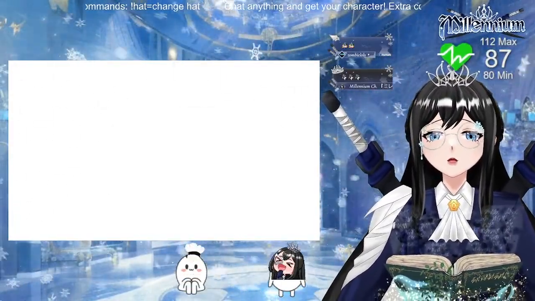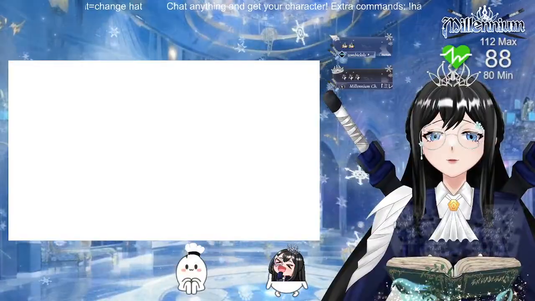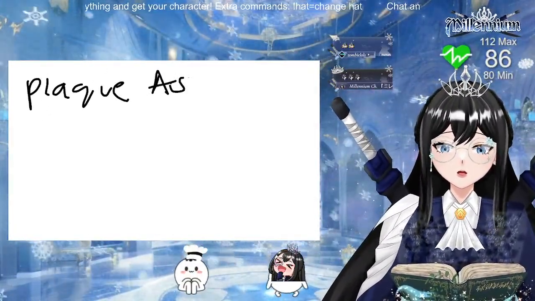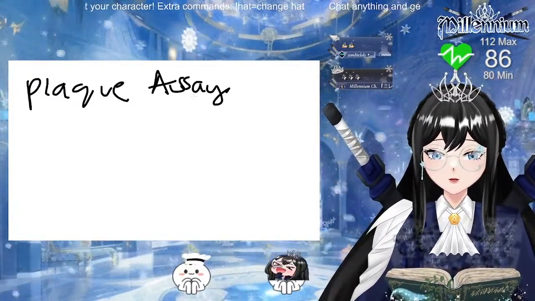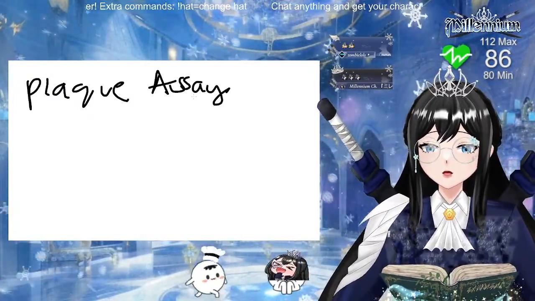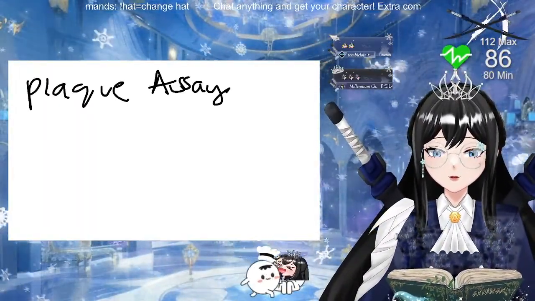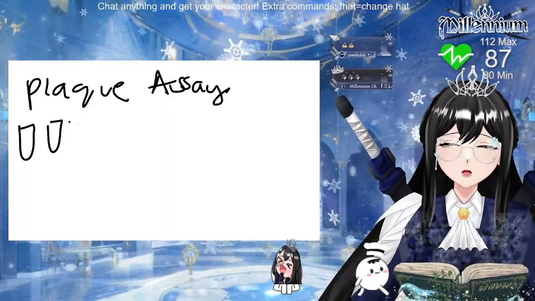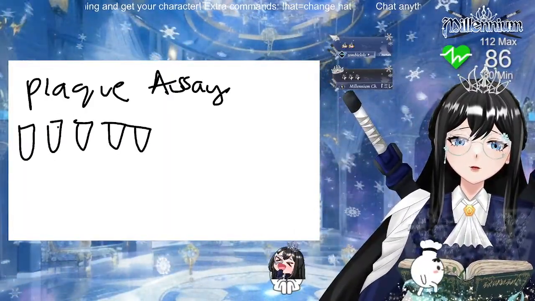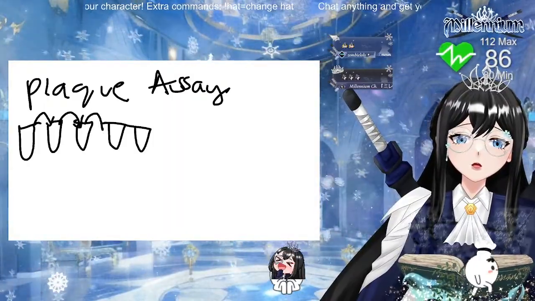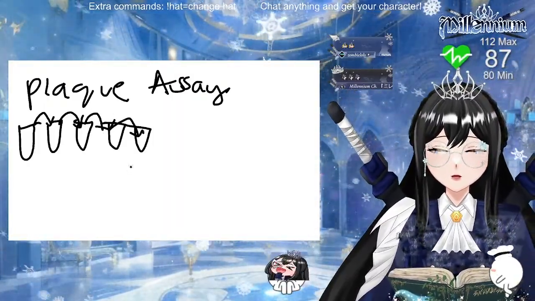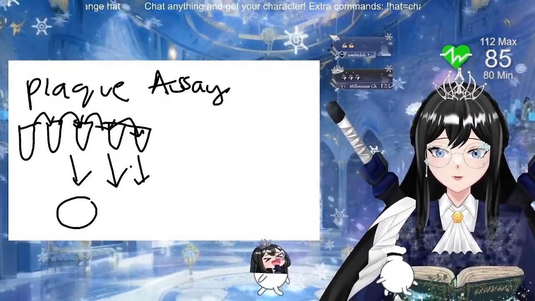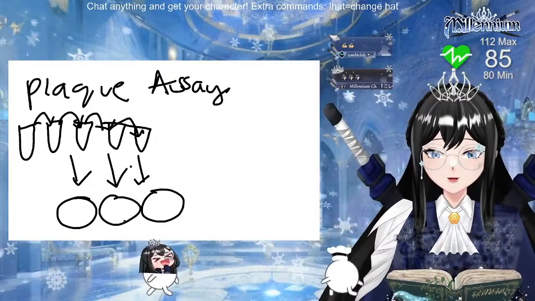Alright, let's write it here. Again, a plaque assay measures the infectious virus. The way it works is you dilute a virus stock first. That would be lots of test tubes, like dilute, and then dilute, and then you put these diluted ones into a plate.